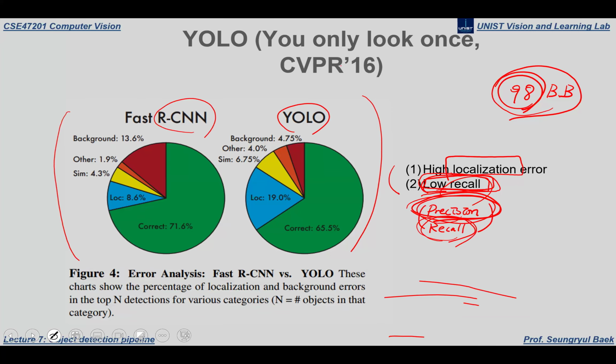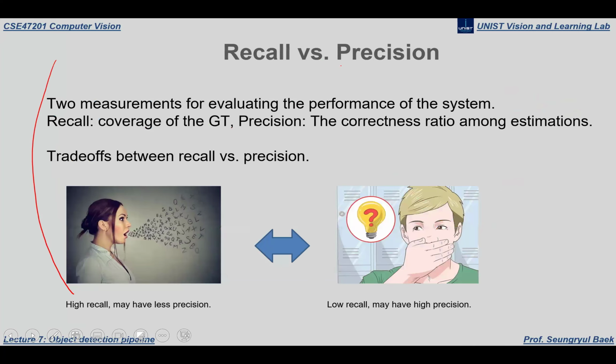So the slide is showing the difference between recall and precision. If some people say a lot, this is the situation like that.